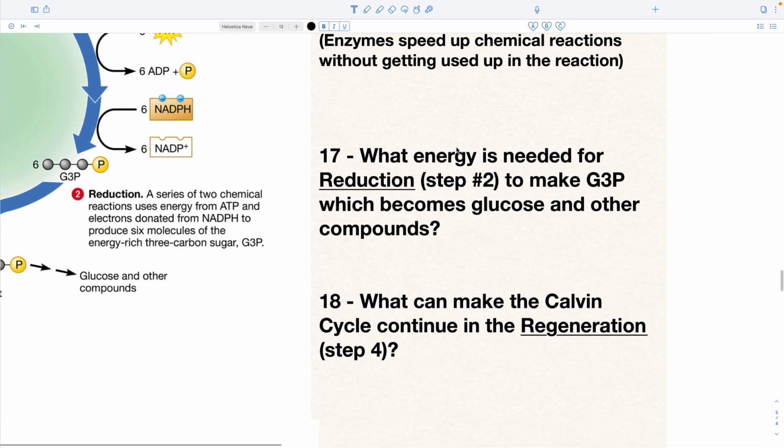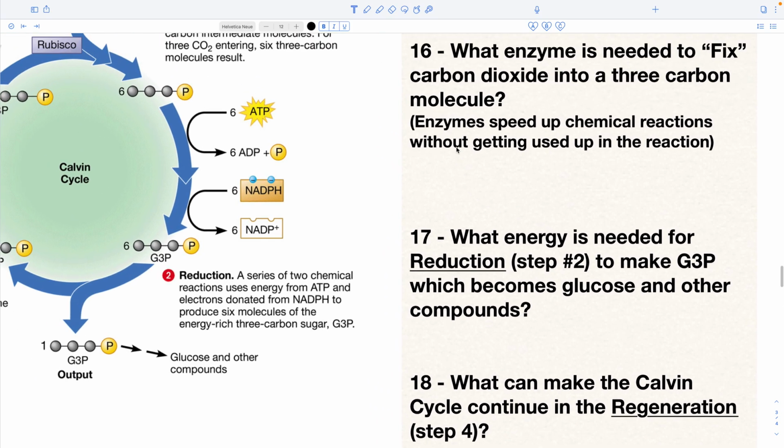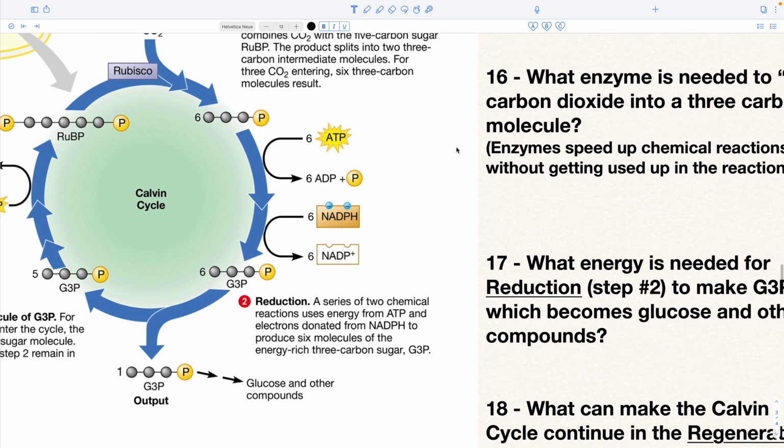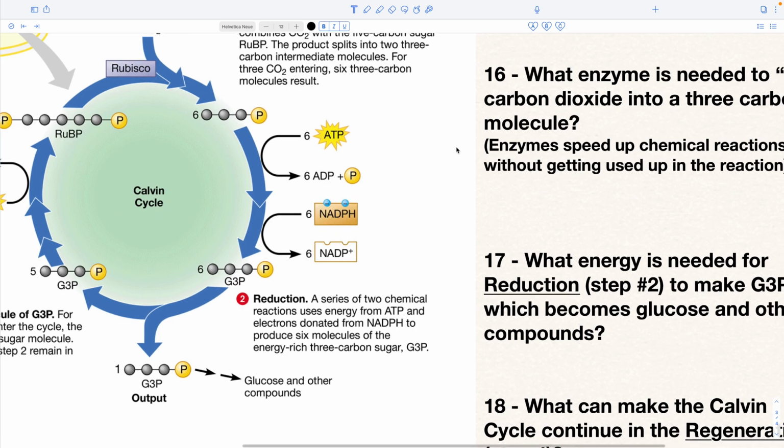So question 17 says, what energy is needed for reduction? Where is the energy coming from? Where are the electrons coming from? Electron carriers. Reduction is gain. So these electrons right here are going to be gained over here so that it can make sugar. Reduction, a series of chemical reactions where electrons are donated.